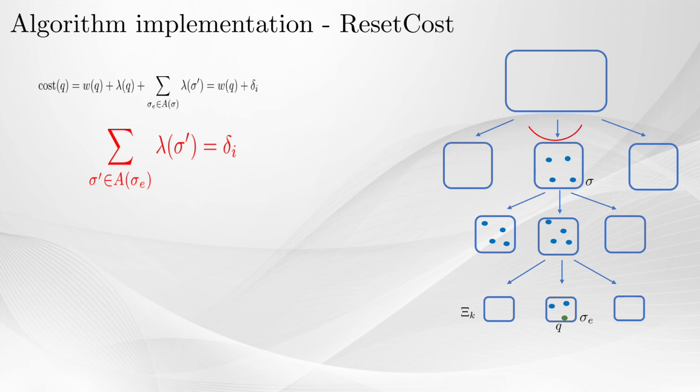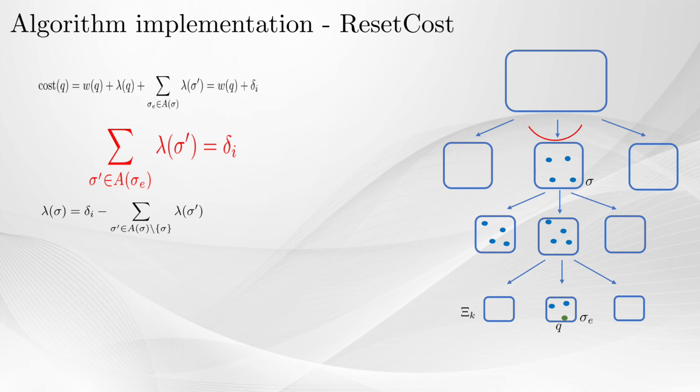But in this situation, it is different. There is no intersection with sigma. Based on cost Q equal to WQ plus delta I, we update the related cells' lambda values as follows. At first, we sum all the lambda values of the ancestor cells of sigma.